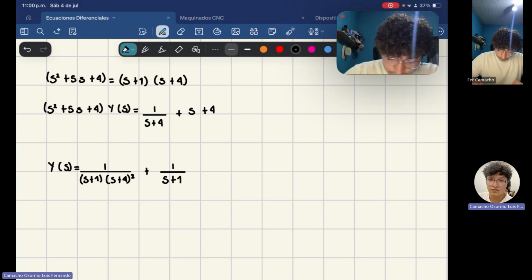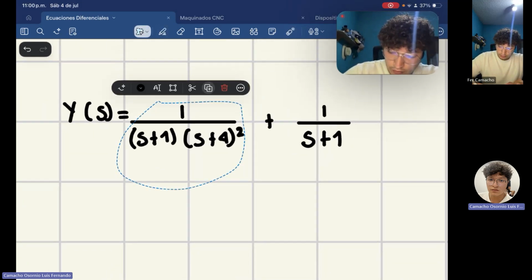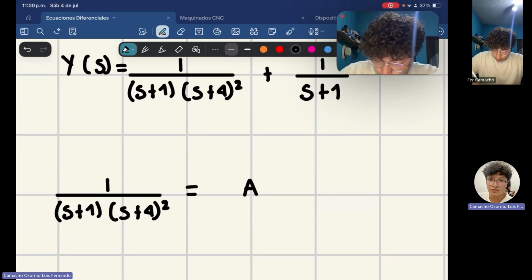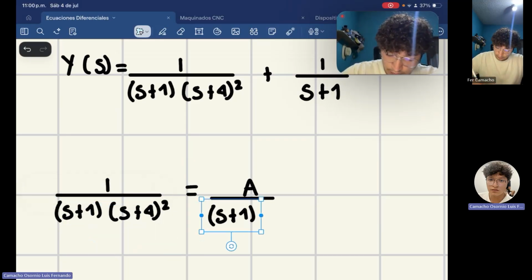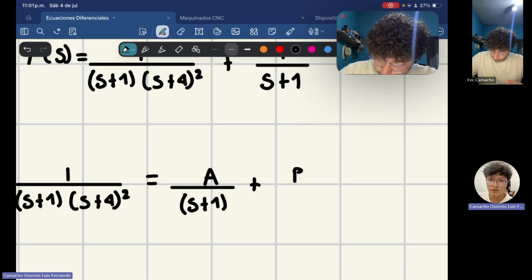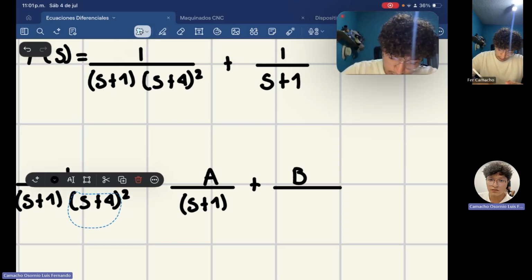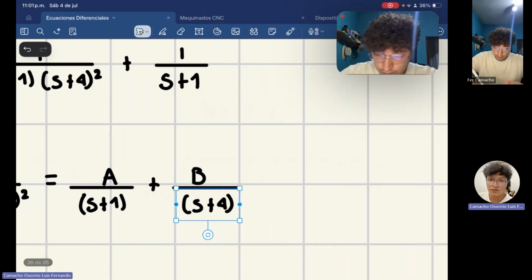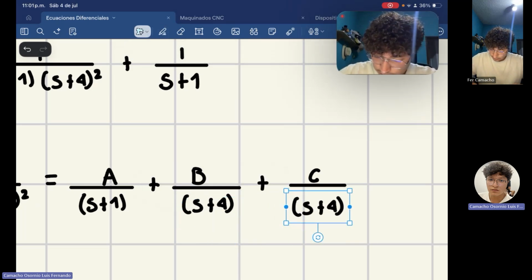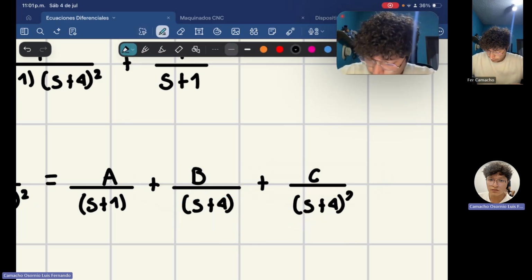So we're going to separate it: plus, and plus C, and it's the same but squared.